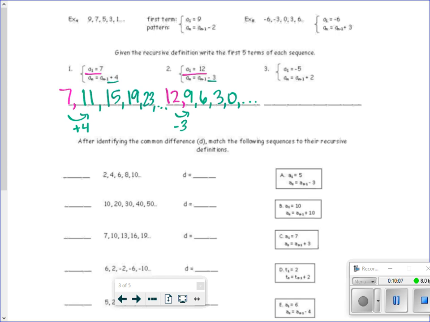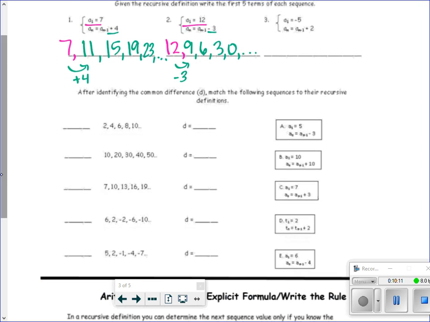Okay, so what I want you to do is pause the video, and during that time I want you to fill in the rest of the sequence for part 3, and then do this part, which is matching. You're matching the different sequences to the different parts over here. So pause the video, fill those out, press play when you're ready to check it.